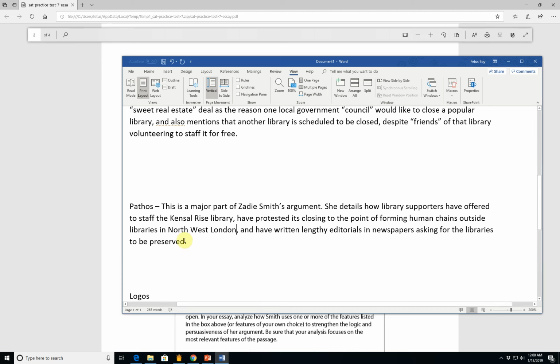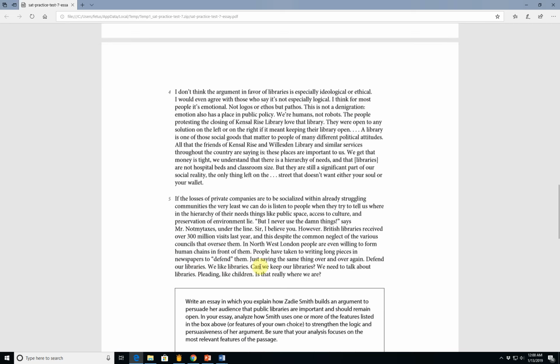Okay. She details how Kensal Rise Library, mostly to the effect. Alright, so we'll copy that.